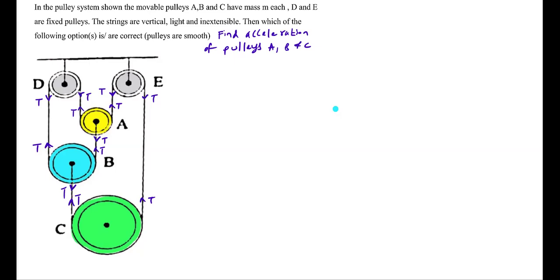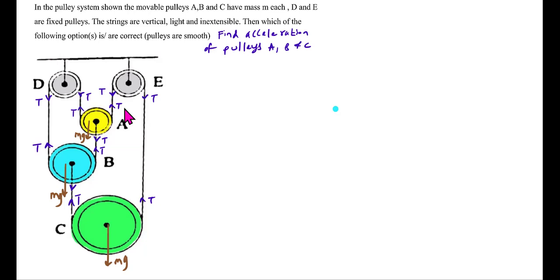The reason for that is these pulleys have mass, they have weight. I'll show that mg here. And let this be the weight of this pulley. Weight of this pulley also mg.